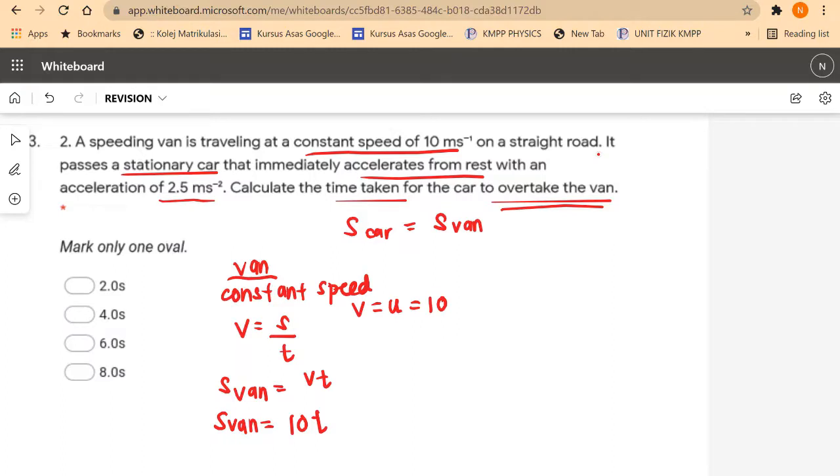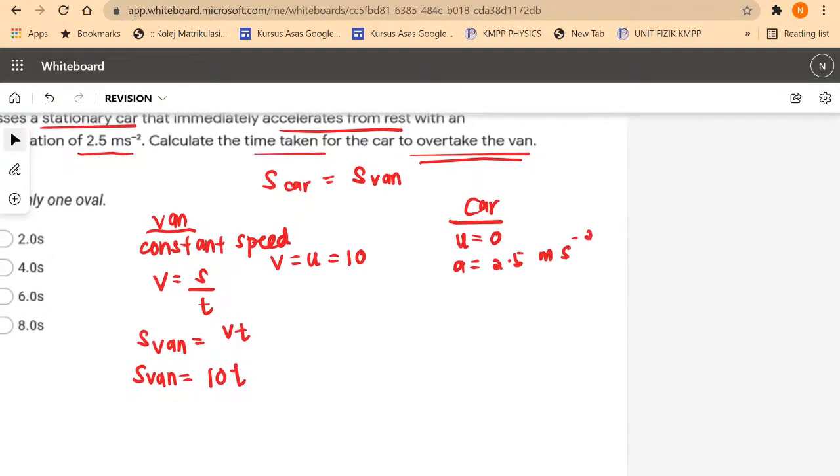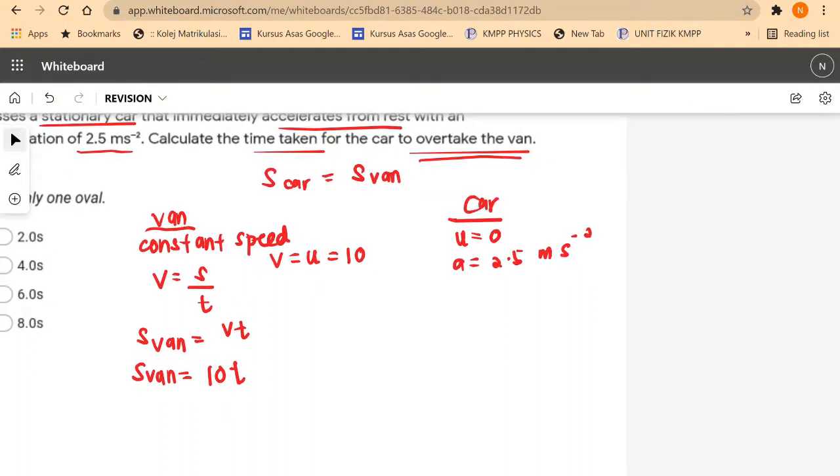Okay, how about the car? The car accelerates from rest. That means the initial velocity u is 0, acceleration 2.5 meters per second squared. So this car has acceleration, so you cannot use the equation V equals S over T. You have to use one of the 4 equations of uniformly accelerated motion.